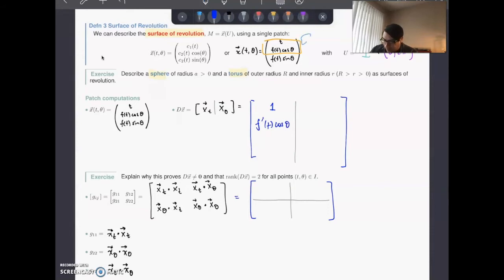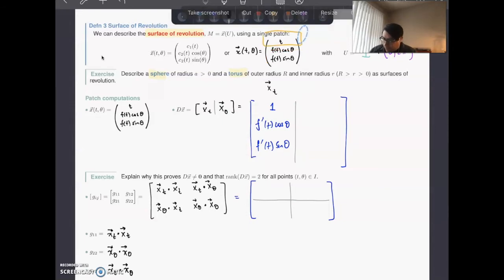And if I take the last derivative, okay, the last function with respect to t will get f prime of t sine theta. Okay, this is the partial derivatives with respect to t of the three coordinate functions.